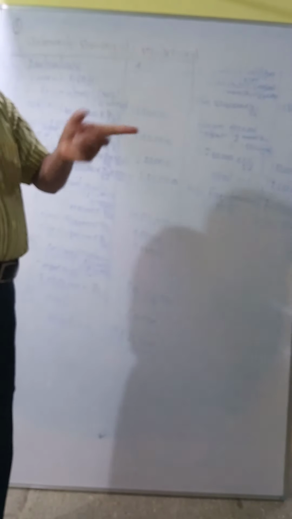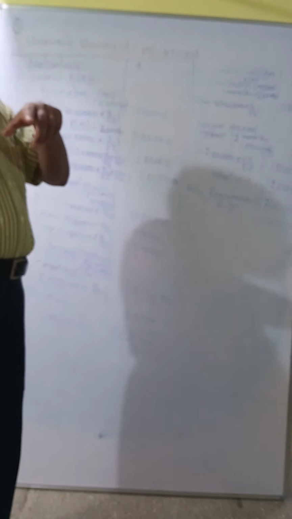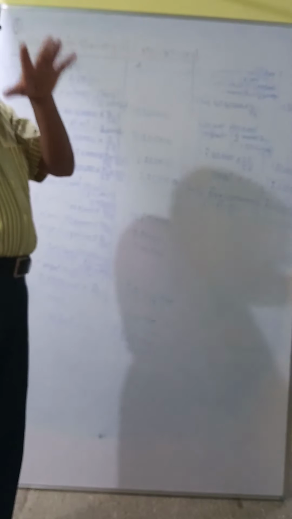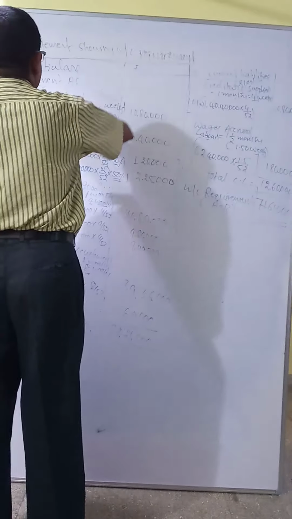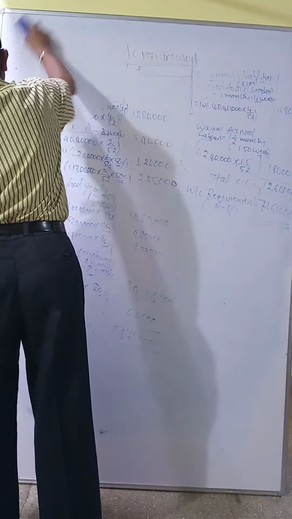In some problems only months are given, so at that time you have to convert weeks into months. So 4 weeks means 1 month, 1 by 12 out of total. Half month given means 0.5 divided by 12, like this. So this is called the first problem on how to prepare statement showing working capital.